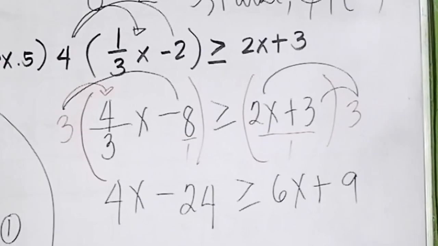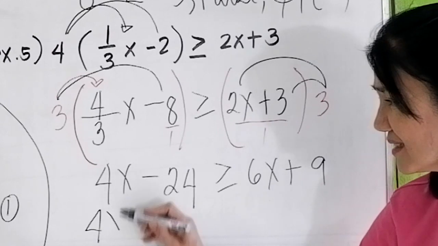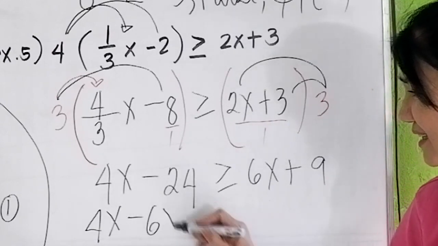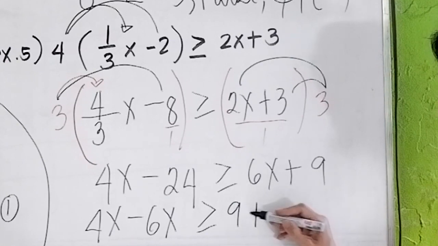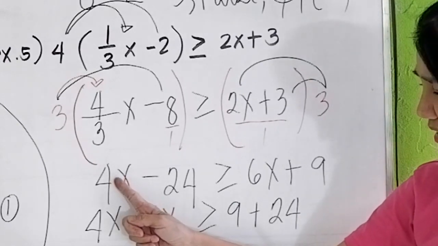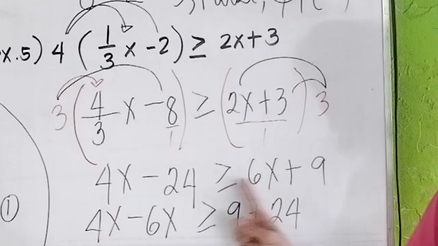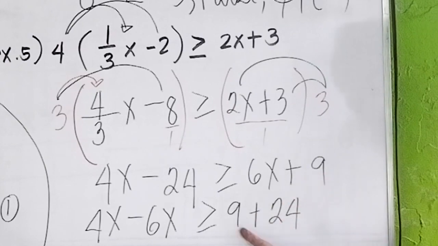There. See? Now combine all those with x's. So 4x minus 6x is greater than or equal to 9 plus 24. Let me explain that again. This is 4x. 6x is transposed to the other side, so it became negative. Then you copied 9 here.